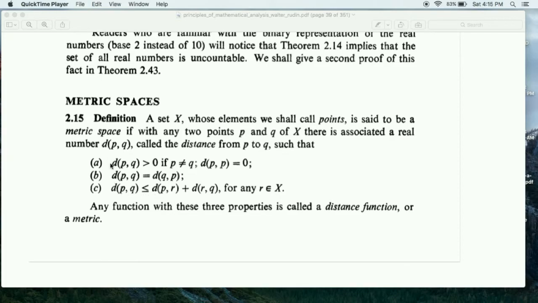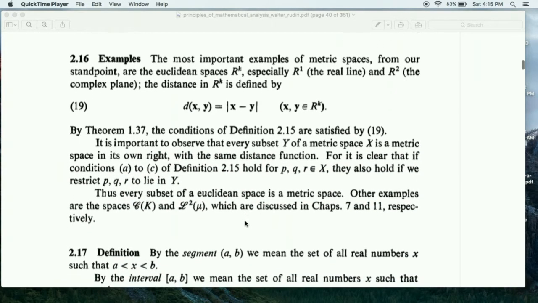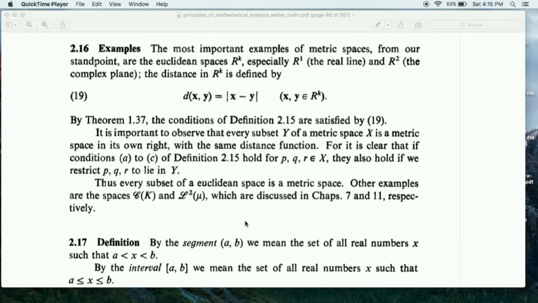And this D, the function from the set X to the real numbers, is also called a distance function or metric. Now, there exist different kinds of metrics on the sets which we are familiar with.